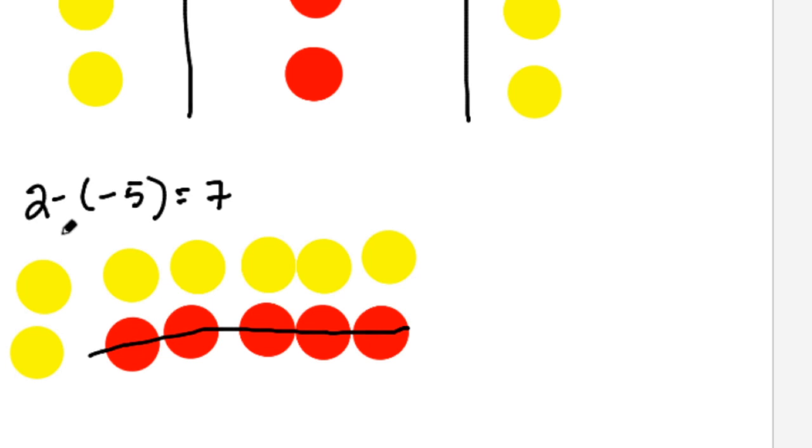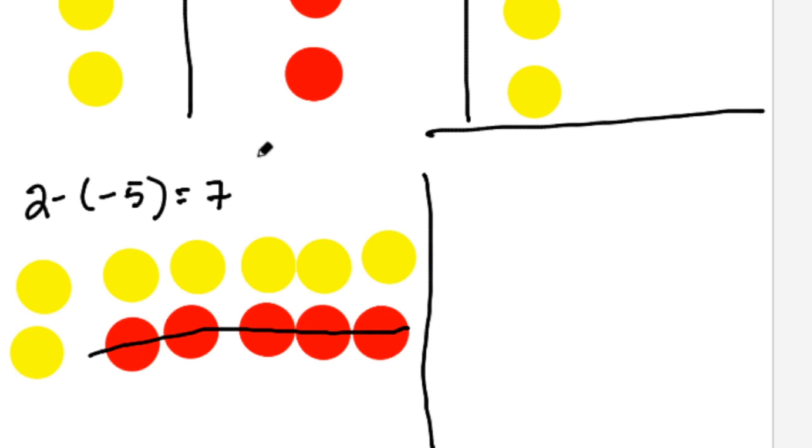What you'll learn about later is that when a negative and a negative come together, it's actually a positive. So this here could have been rewritten as 2 plus 5, which still would have given us an answer of 7.